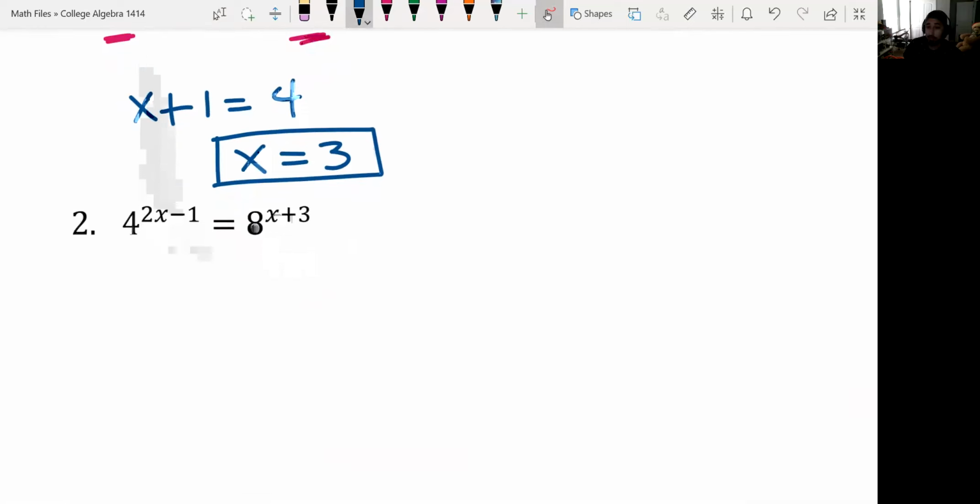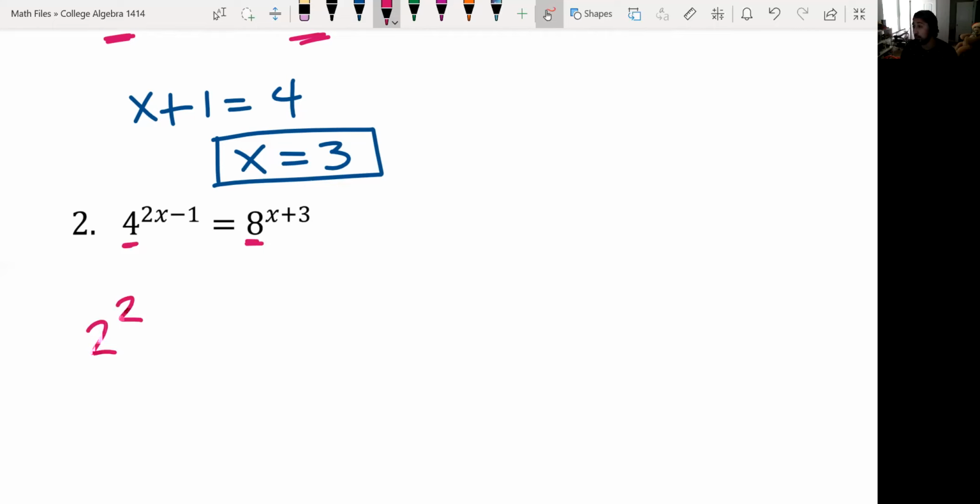All right. Number 2, 4 to the 2x minus 1 equals 8 to the x plus 3. Once again, we need to have the same base in order to use that property above. So we know that you can't write 8 as a base of 4, and you can't write 4 as a base of 8. But we know that 4 and 8 share a common base of 2, which means 4 can become 2 to the 2nd.